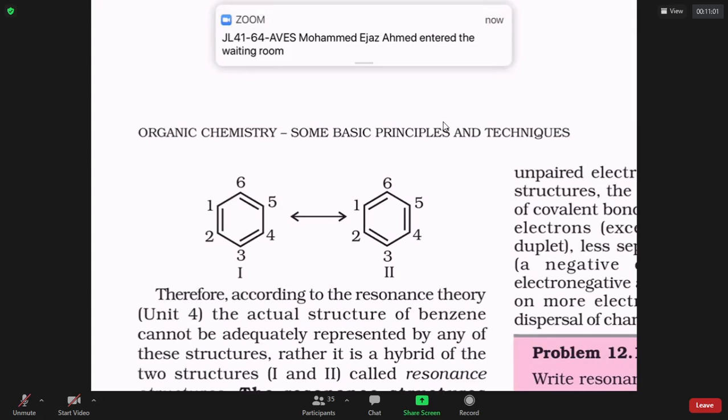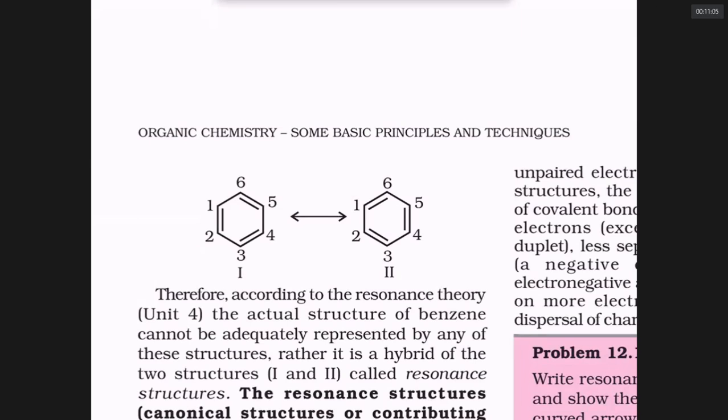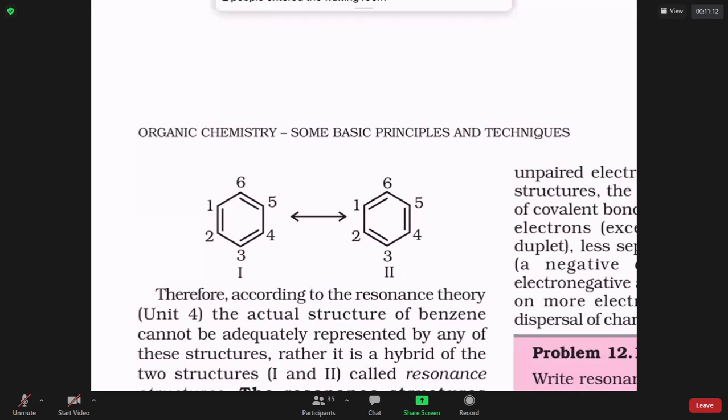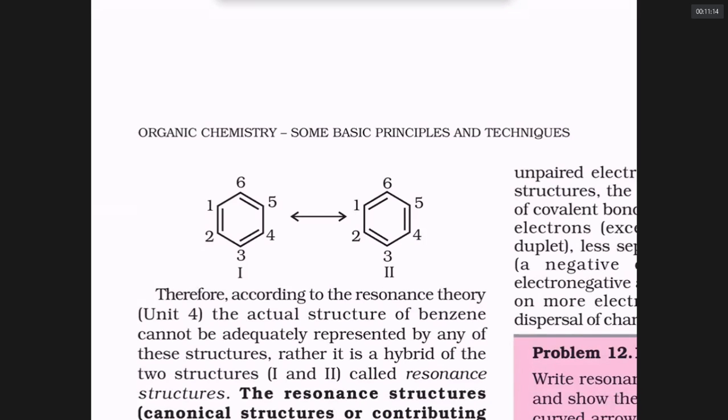The position of the double bond is shifting. So really the structure of benzene is a hybrid of these two possible structures. These structures are called resonance canonical structures. The molecule is said to be under resonance.